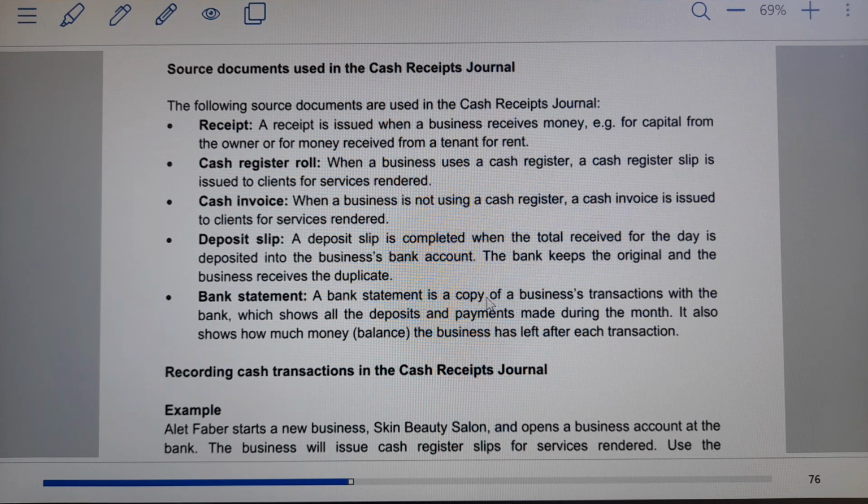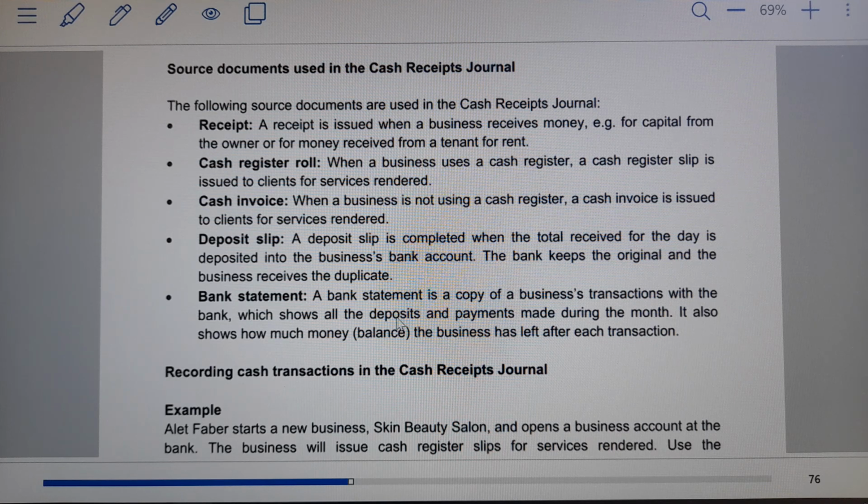A bank statement is a copy of a business's transactions with the bank, which shows all the deposits and payments made during the month. It also shows the money the business has left after each transaction. Okay, so the bank statement shows all the deposits and payments made during the month.